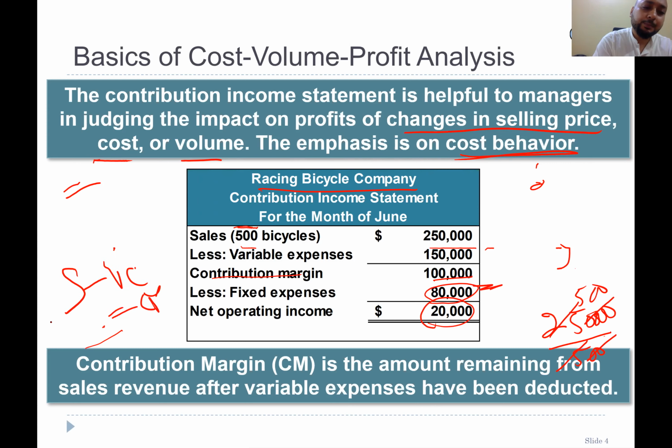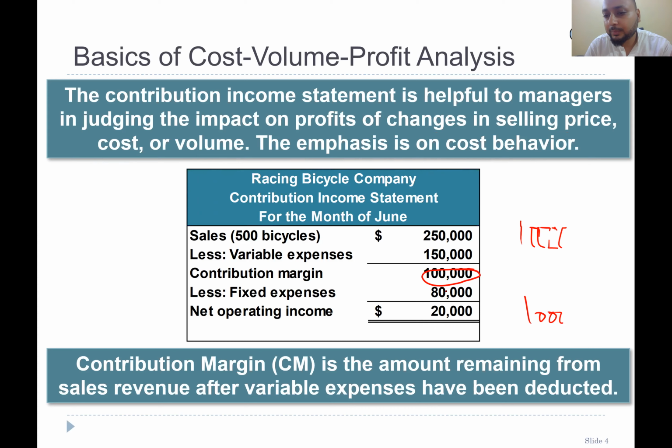Understand? Or let me give you another definition which is very meaningful. And that is, the contribution margin is 100,000. What does it mean?